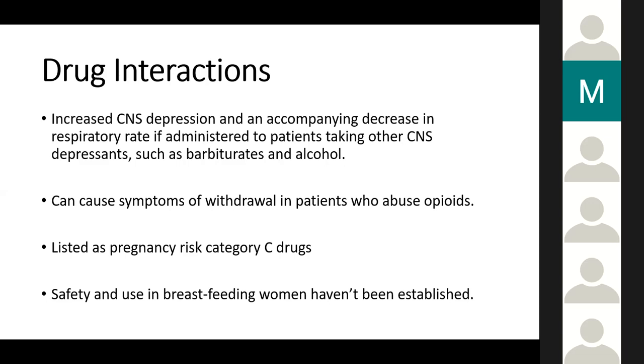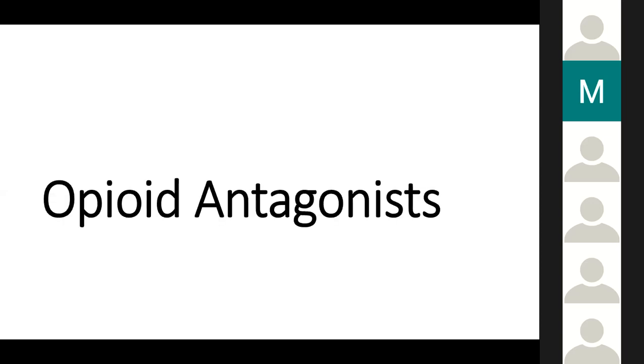They are also listed as pregnancy risk category C drugs, so they are not to be used during pregnancy. Safety and use in breastfeeding hasn't been established, so it's also a no-no when the woman is breastfeeding.